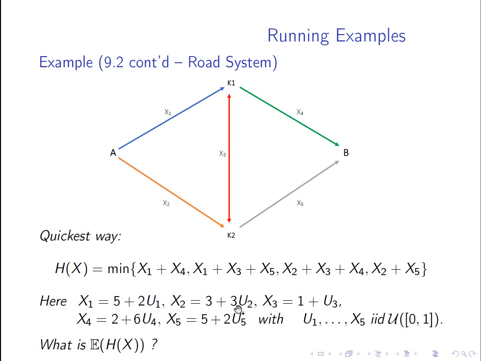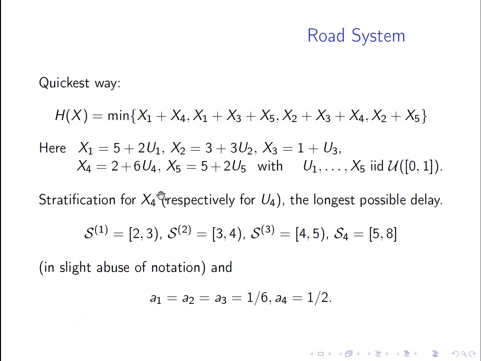Here we have many variables where we could stratify, but I will restrict to stratification of U4 because this is the possible longest delay, and it's a bit of a scenario analysis if we try to control the delay here. And the question is, what is the expectation of capital H of x? So as I said, I only want to do stratification for x4, respectively U4, the longest possible delay.